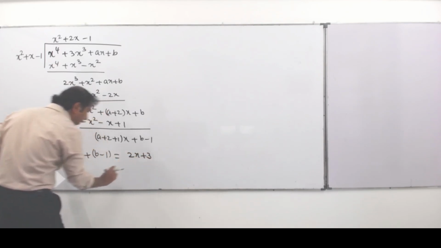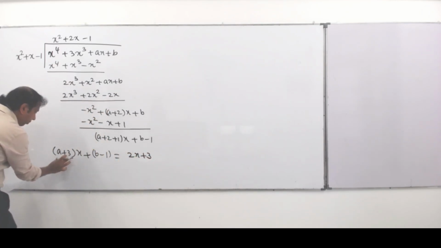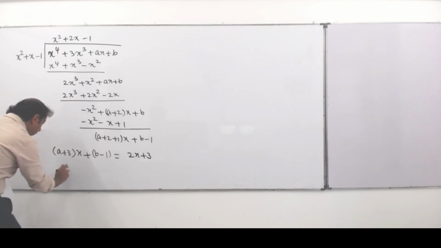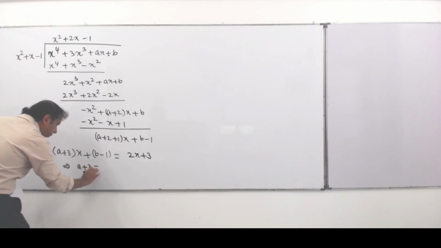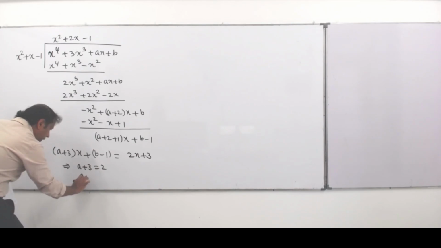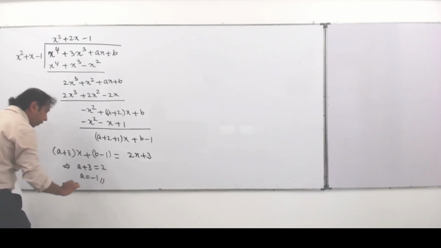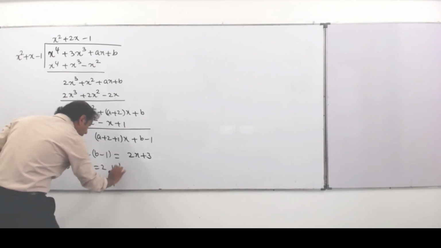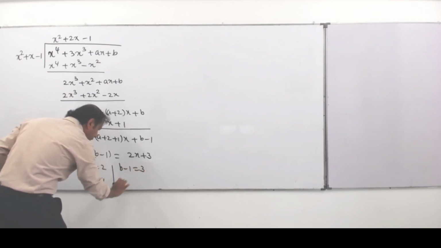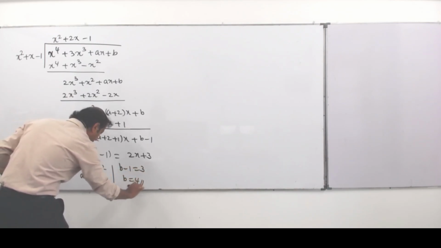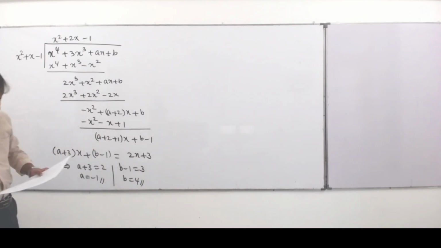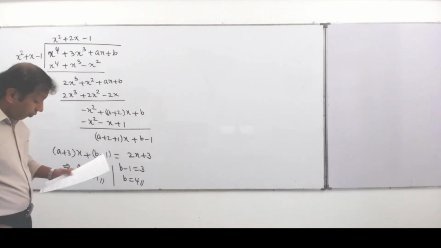So then we can equate the coefficients of x: a + 3 is equal to 2. That gives a = -1. And secondly, b - 1 is equal to 3, so b = 4. This way we get a = -1 and b = 4 as the answer.